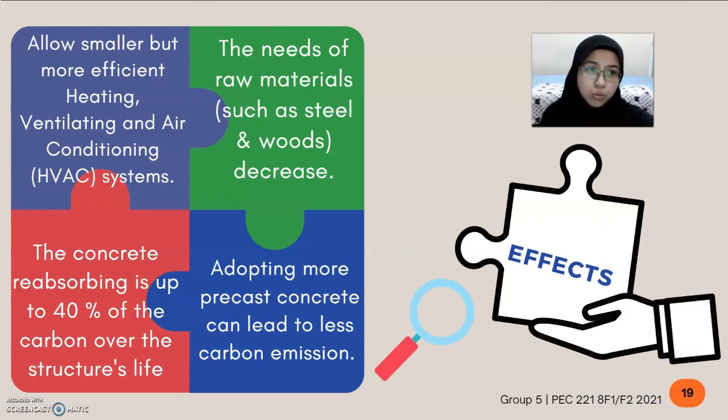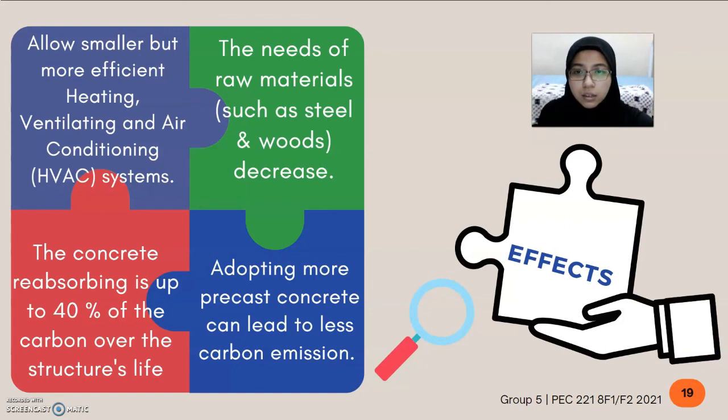Moreover, the more wood we use, the more deforestation activity, which is not good for our planet, and it causes further global warming and CO2 emissions due to the lack of trees.